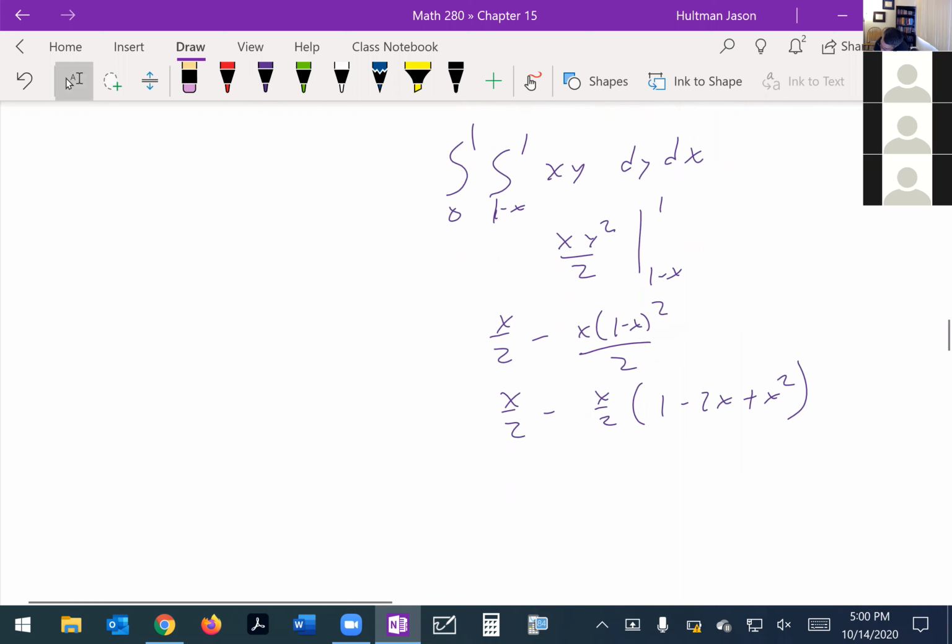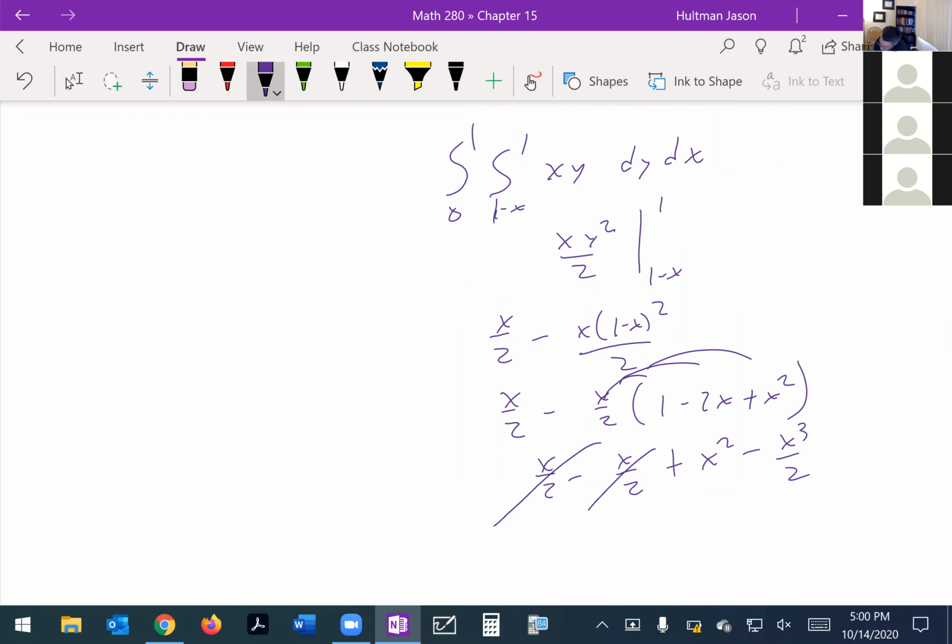Distribute the x over 2: x over 2 minus x over 2 plus x squared minus x cubed over 2. So those cancel.